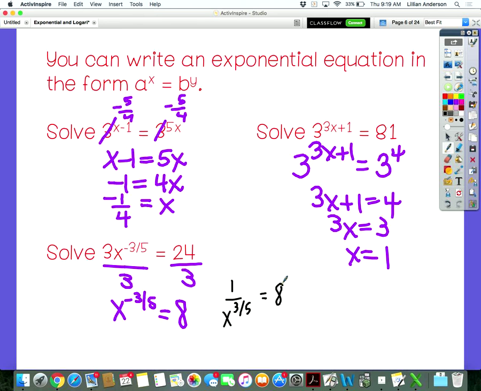Now what? Not square root. Not cube root. You have the fifth root. But it's technically in the denominator now, and so we really can't fifth root it to both sides. That makes sense.